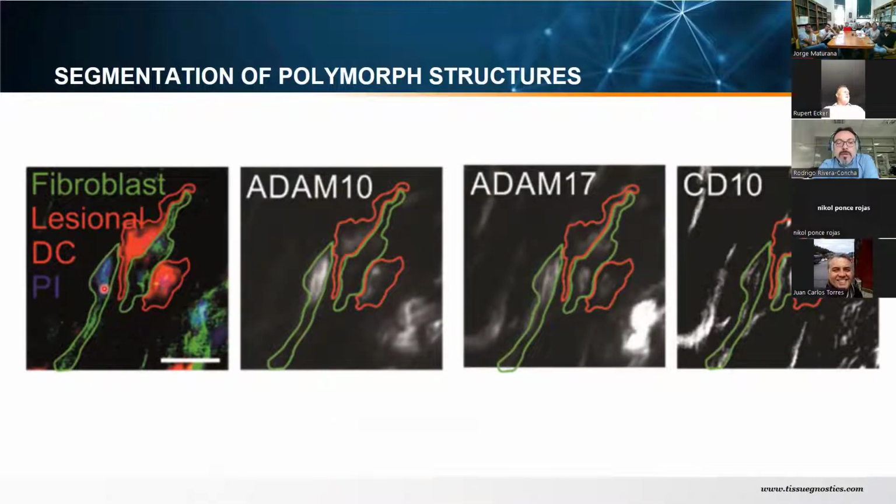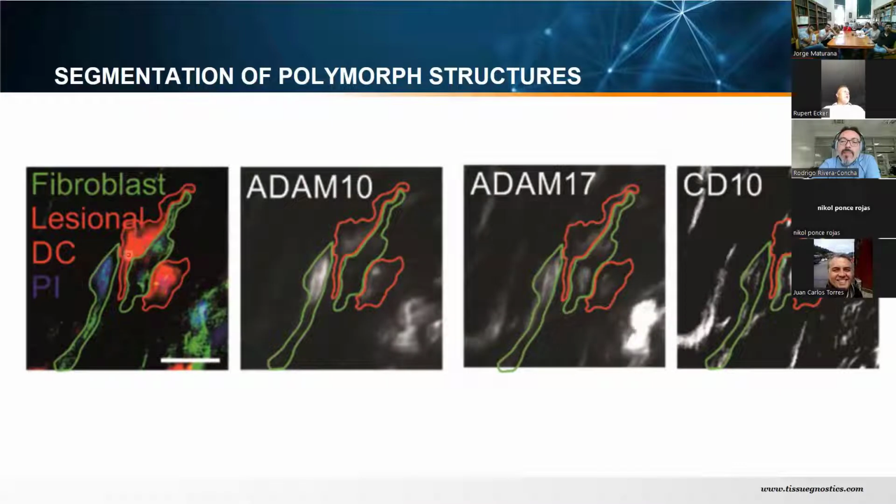You see in green the fibroblasts, and in red the dendritic cells. And they are anything but round. But still, also these quite strange or difficult structures can be identified.